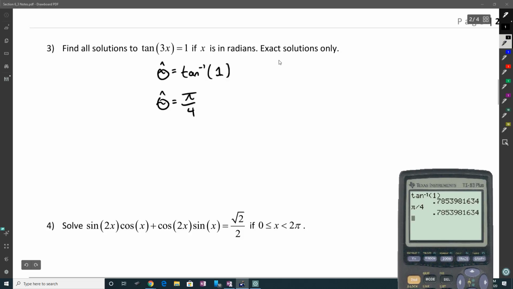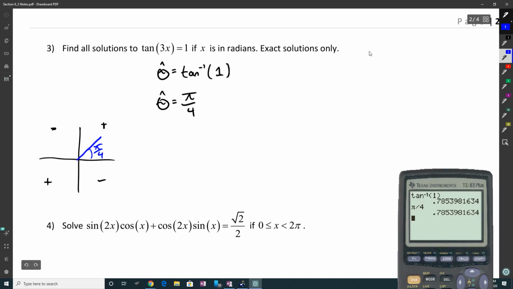Anyway, so that's how we get you to make sure that you know what you're doing and you don't rely too heavily on your calculator. So when we're dealing with tangent, this is a positive one. So I have plus, minus, plus, minus. So tangent is 45 degrees this way, or pi over 4 radians, and pi over 4 radians the other way.